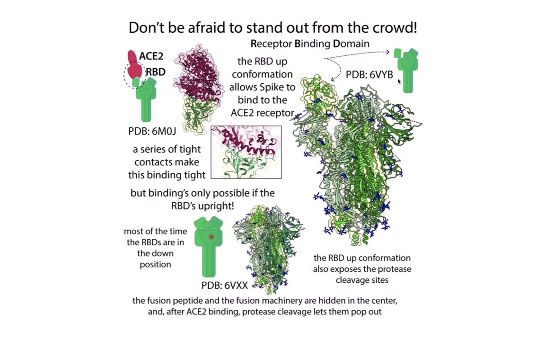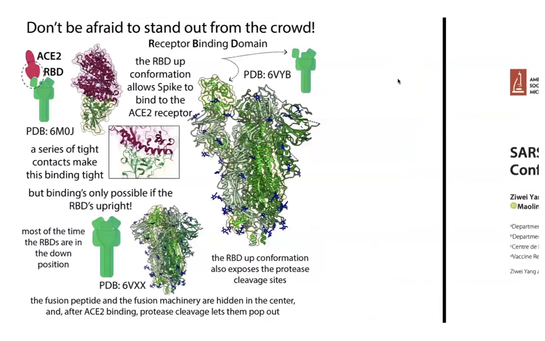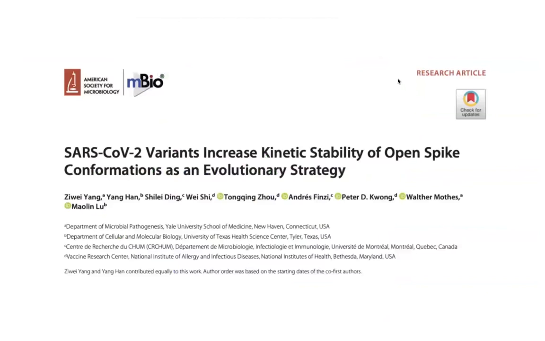So it has three copies of the same protein, and each of those copies is going to have one of these receptor binding domains. It can be in the down conformation or it can be in the up conformation. And when it's in the up conformation, this is when it can bind to ACE2. So scientists wanted to study how often it goes up and down and up and down. In order to do this, they were going to use FRET.